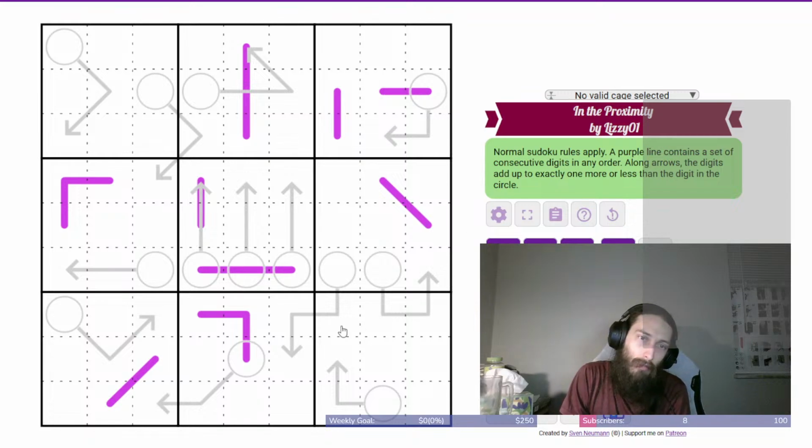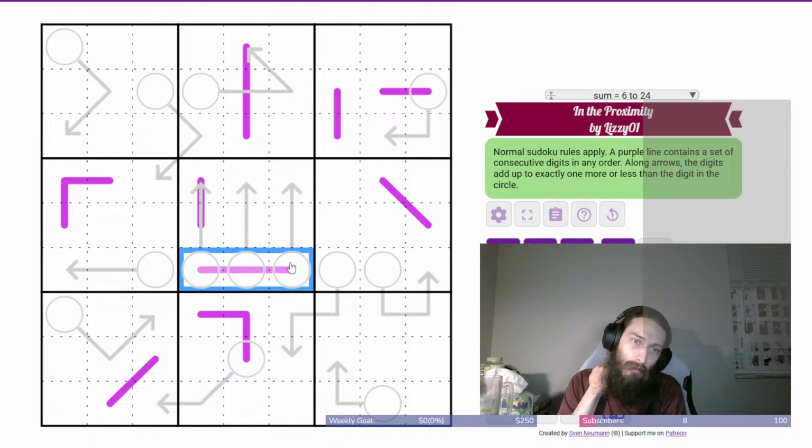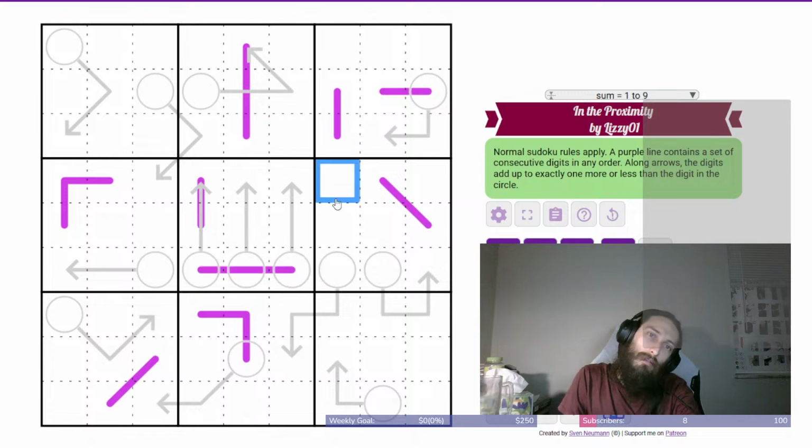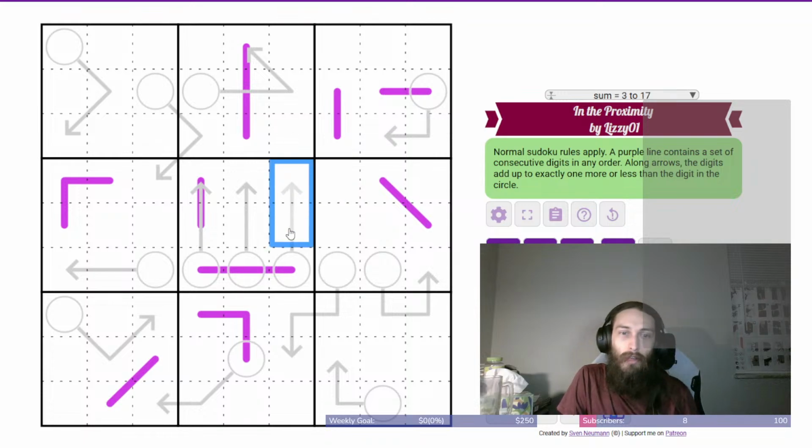Because, well, if that's a Renban, well, we know 9 has to be... Yeah, you still can't put a 9 on an arrow like this one.